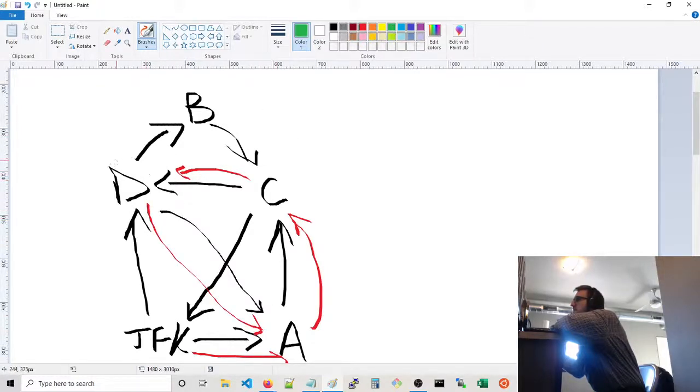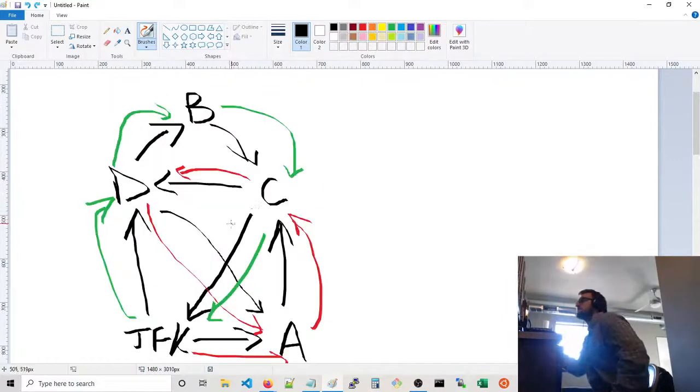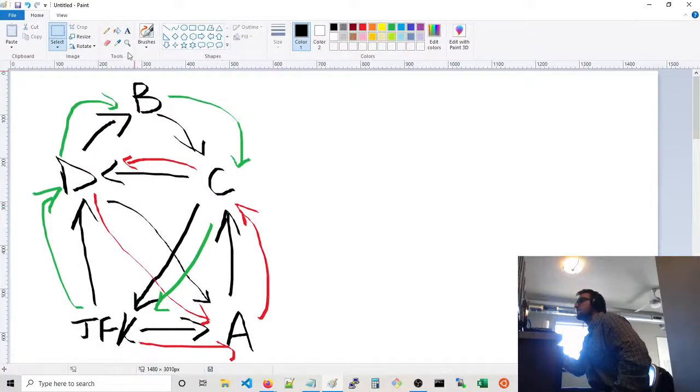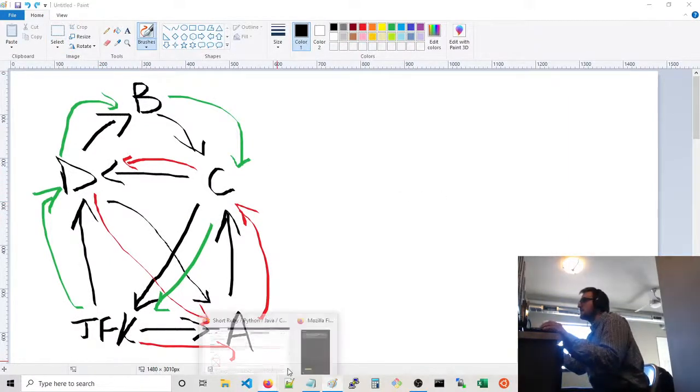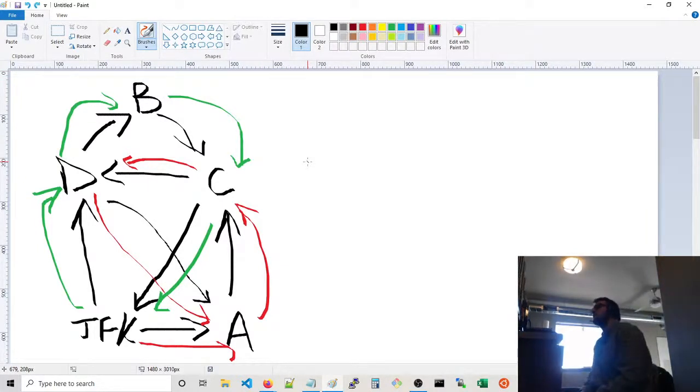We've also got 1, 2, 3, 4, to D. And then what we want to do from here is his algorithm, right?